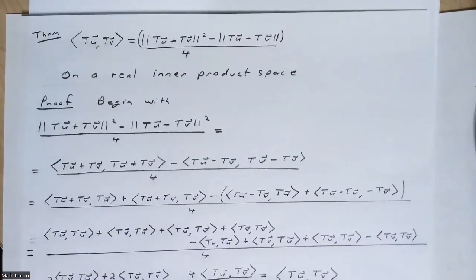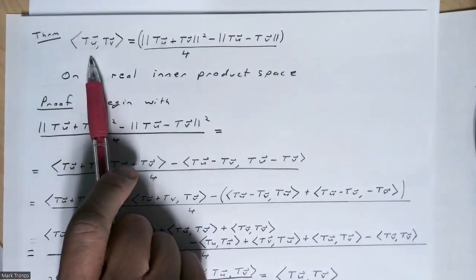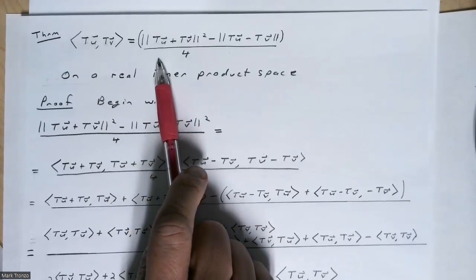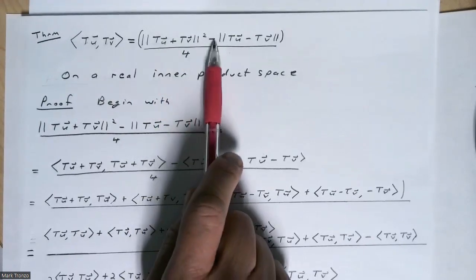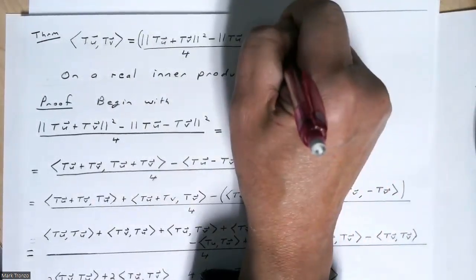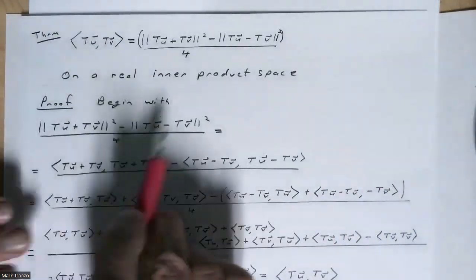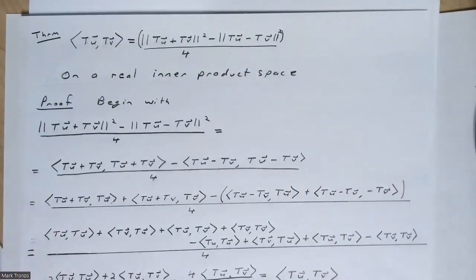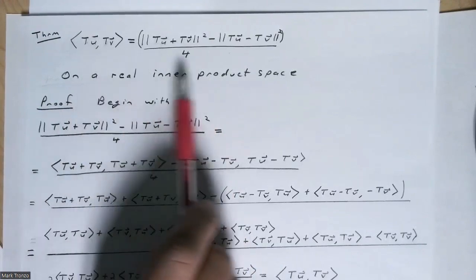It's this relationship here: the inner product of TU and TV is equal to the norm of TU plus TV, norm squared, minus, actually I left off a square over here, there should be a square up there too, the norm of TU minus TV squared, over 4. So we're going to use this relationship in one of the proofs.